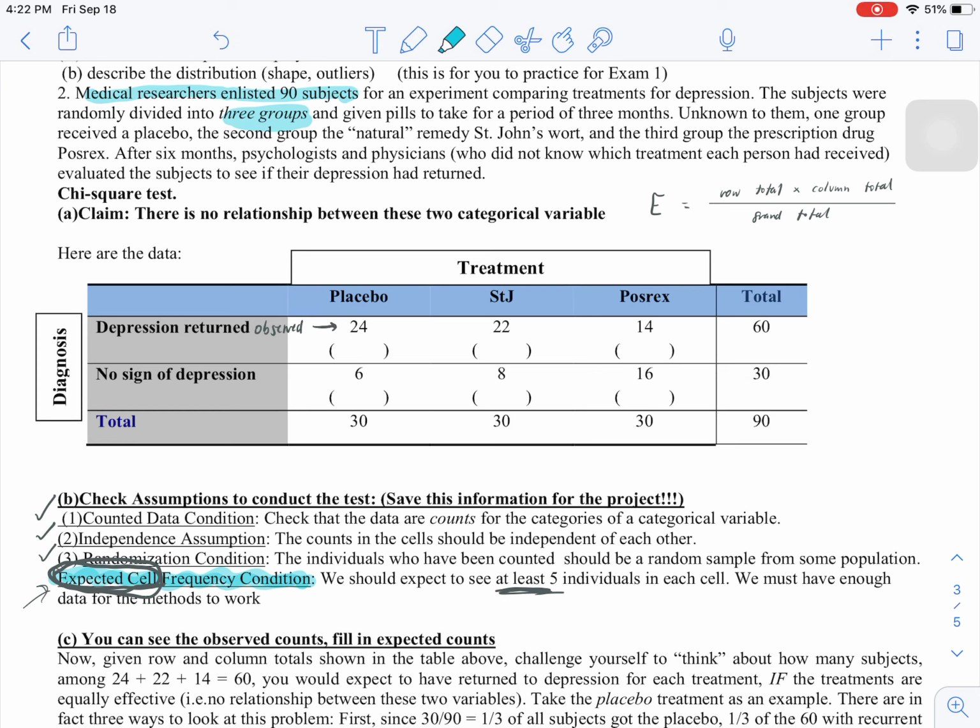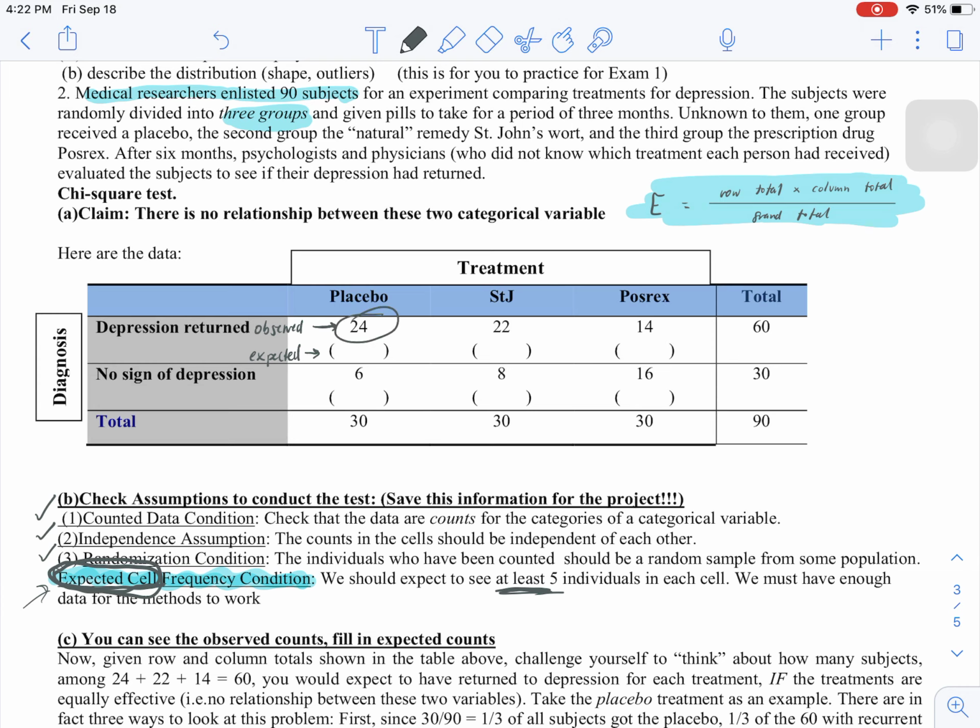And you'll notice that in this table, they've left us some blank spaces in parentheses. This is where we're going to fill in the expected counts. So let's go ahead and do that using our formula here. So we're going to go ahead and calculate the expected counts for each cell.